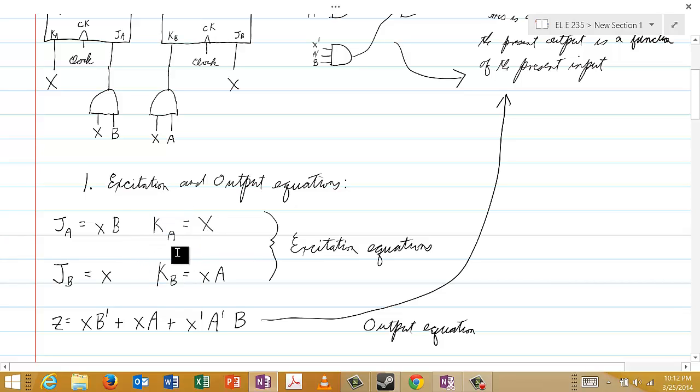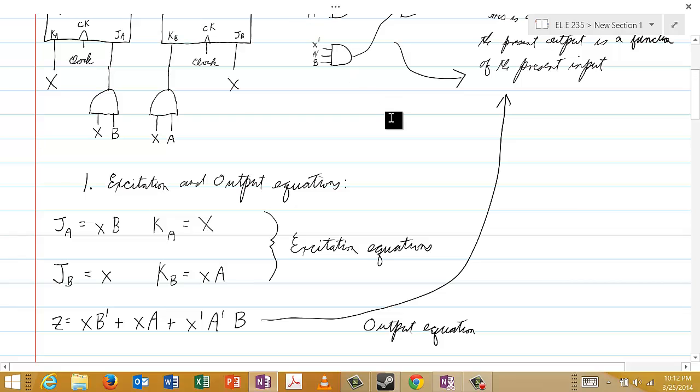And just as we did in the last lecture, you will recall we had D flip-flops there, and we assumed that they were positive edge triggered. Likewise, in this lecture, we will assume that the JK flip-flops are positive edge triggered.